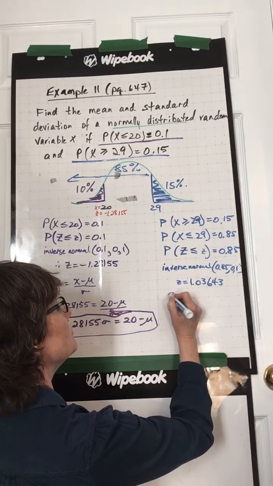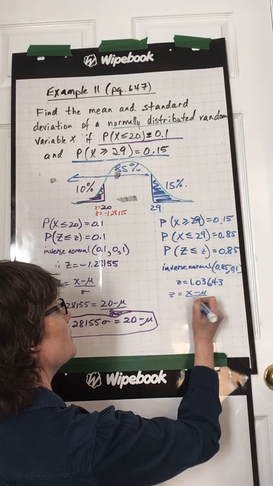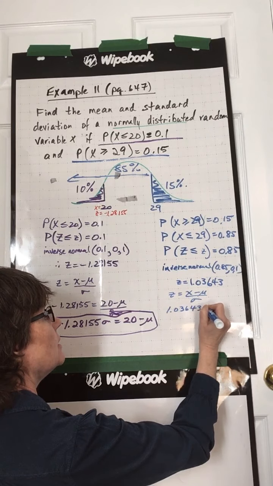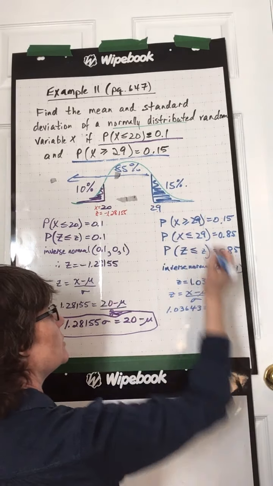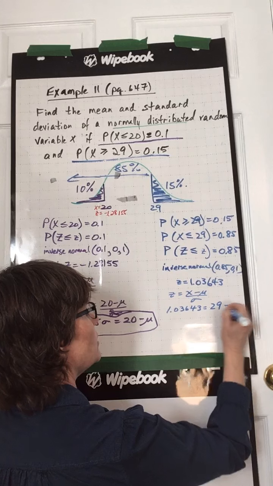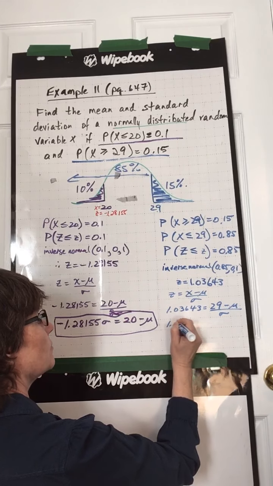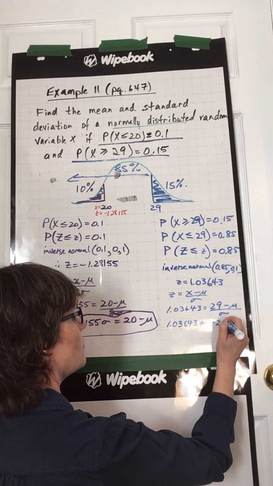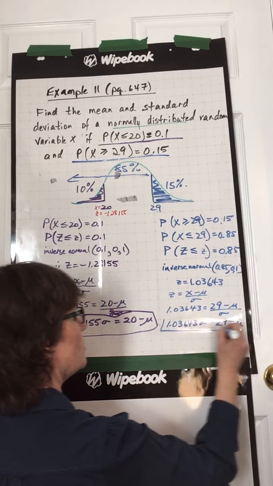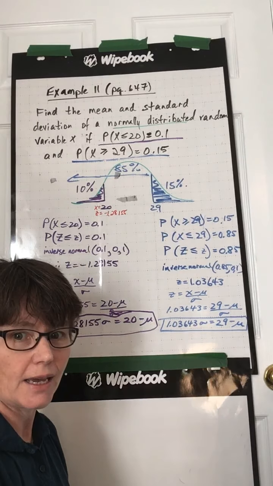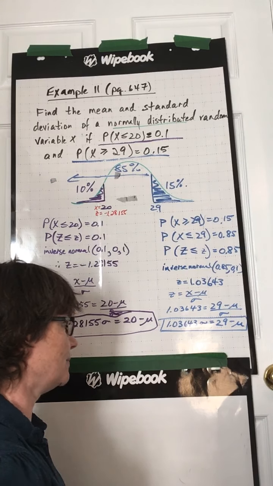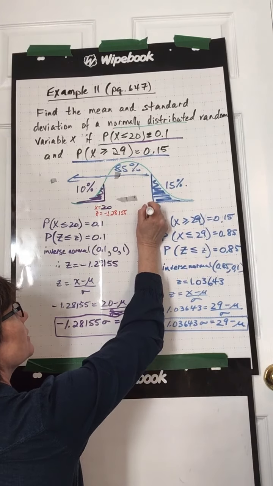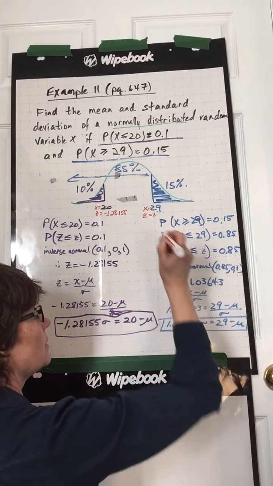All right, let's create our second equation. z equals this, so 1.03643 equals the x value was 29, subtract mu, over sigma, and we don't know either of these things. There we have our second equation.